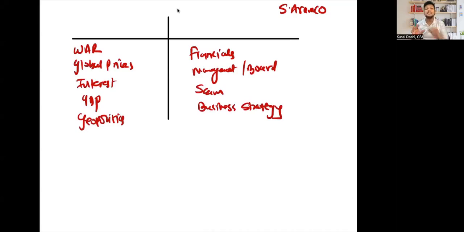Now, all of these factors I've separated into 2 parts. Can I say the ones on the left, which are war and global prices, will affect all? These factors are called systematic risk. They affect all. But financials, management, scam, business strategy mostly affect the company itself. They are called unsystematic.